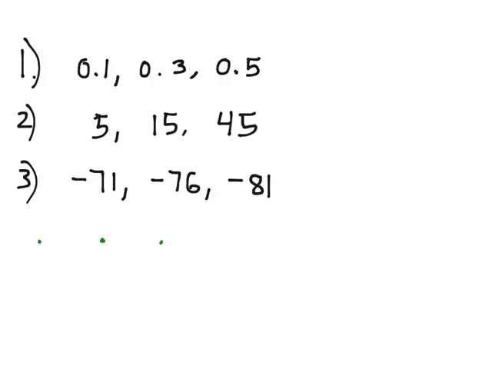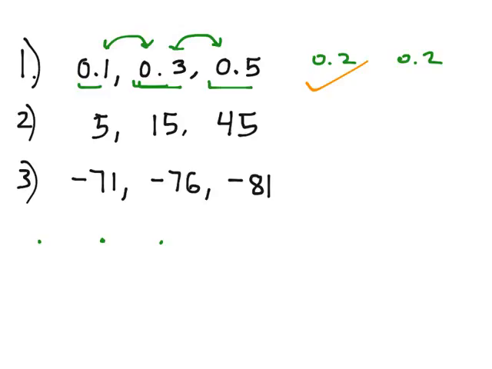Remember, for a sequence to be an arithmetic sequence, the difference between any two consecutive numbers must be constant. That means it can be an integer, a negative integer, a fraction, anything, just constant. So here the difference between the first number and the second number is 0.2, and between the second number and the third number is also 0.2. So we have an arithmetic sequence there.